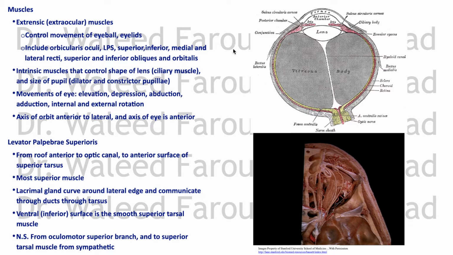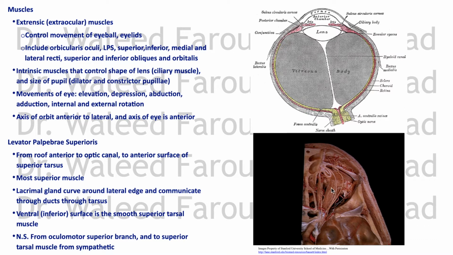Okay, so we'll start with the extrinsic muscles. The extrinsic muscles, we have the levator palpebrae superioris muscle, 4 recti. We have 2 obliques, superior and inferior oblique, and orbitalis.